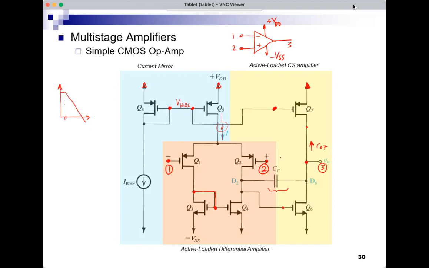This is what CC is doing here. CC is added to the circuit by the circuit designers to introduce this pole at this very low frequency to stabilize the op-amp. And that's why we see it. And we don't see any other capacitor, even though there are other capacitors. There are capacitors all over the place here. But we show CC because it's an element that is added on purpose, and now we know why it's added to the circuit.